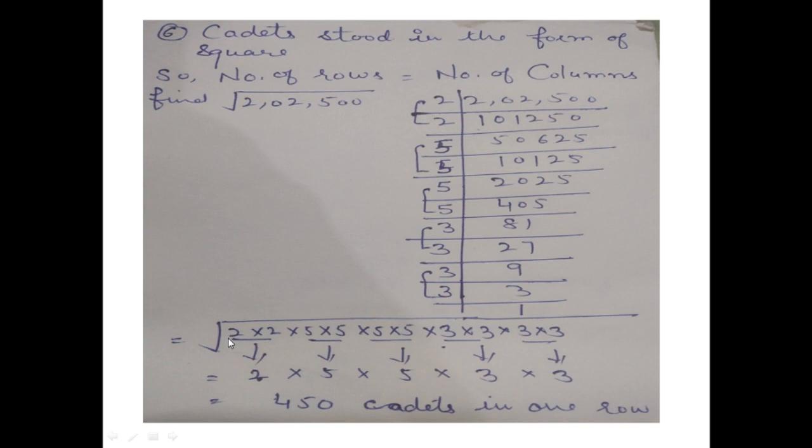Again with the same method, take out only one 2 here, and from this pair of 5 you will get 5 here, from this pair 5, from this pair 3, and from this pair 3. Now multiply all these numbers which you have taken out of the square root. When you multiply all these numbers, you will get 450. It means 450 cadets will stand in one row.